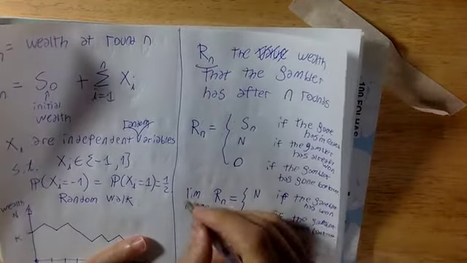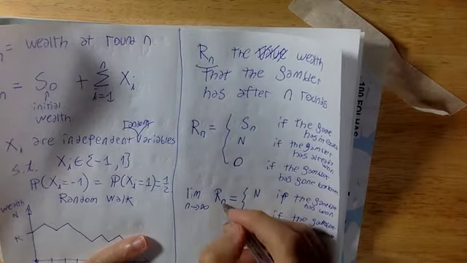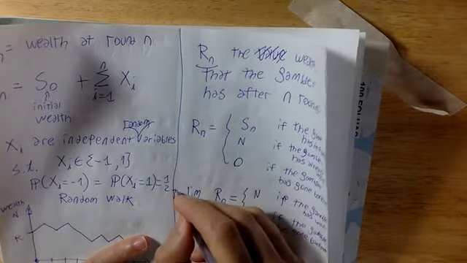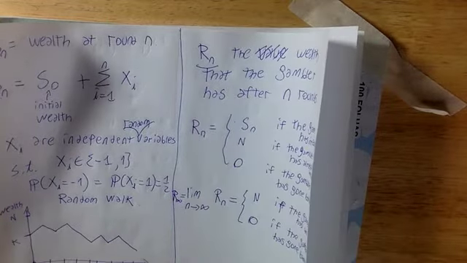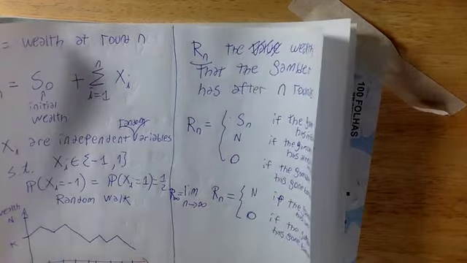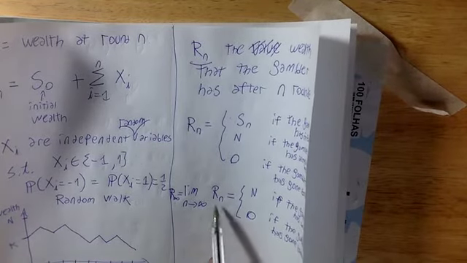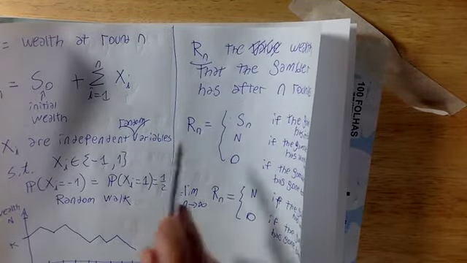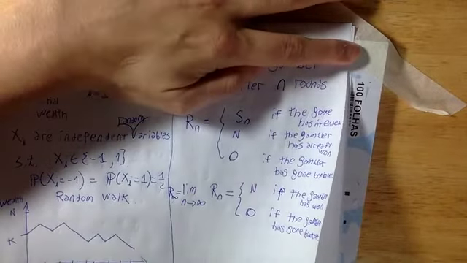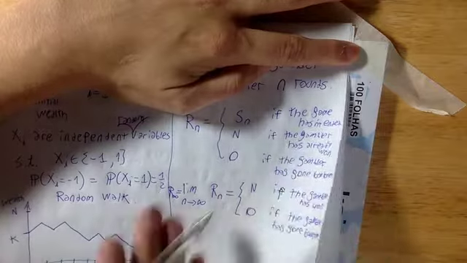Okay, so this is the limit of our sequence of random variables, R infinity, which we'll talk about limits of random variables later on, but more or less this is the idea.